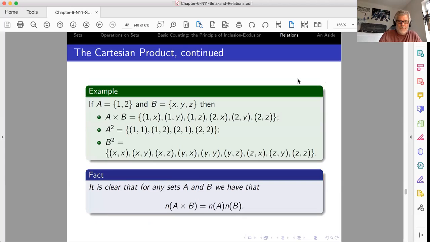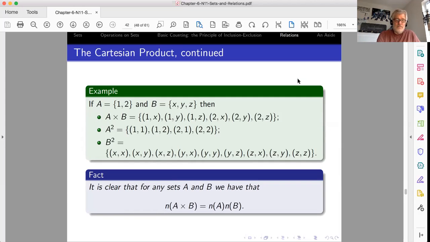Okay. All right, so here's a couple more examples. So I have the set A consisting of 1, 2, set B consisting of X, Y, Z. Then A times B is the set consisting of all the pairs 1X, 1Y, 1Z, 2X, 2Y, 2Z. A squared, that's A times A. These are the pairs 1,1, 1,2, 2,1, and 2,2.